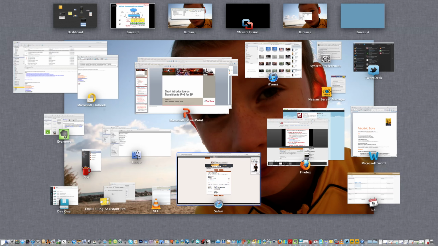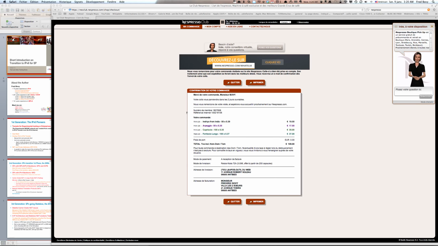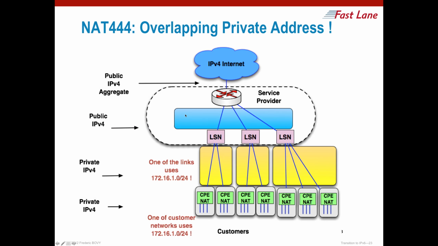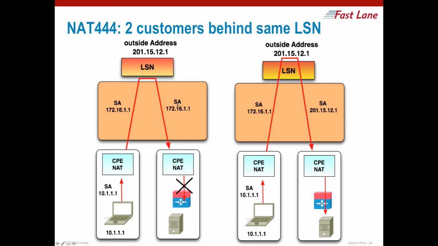Another possible problem with this is if we have two customers behind the same LSN box. The packet will come back with a source address which is going to be a private address, and we know that firewalls don't like it very much.